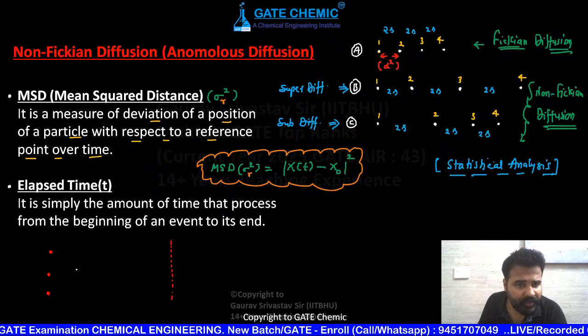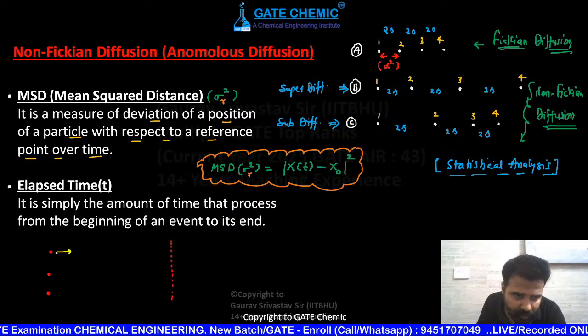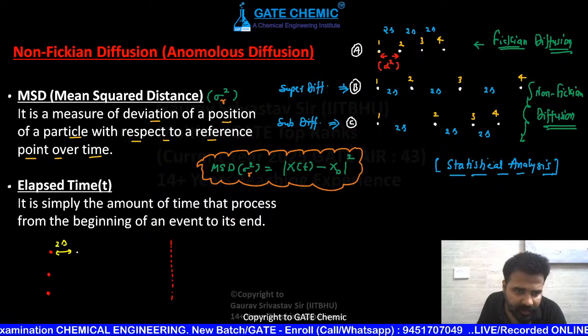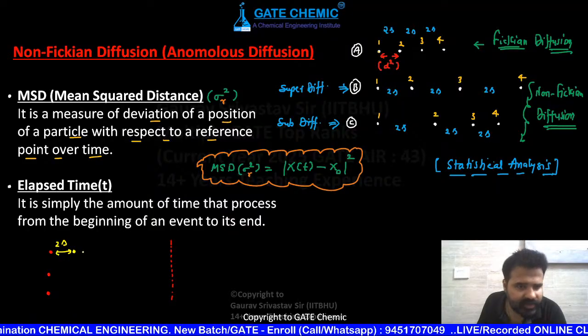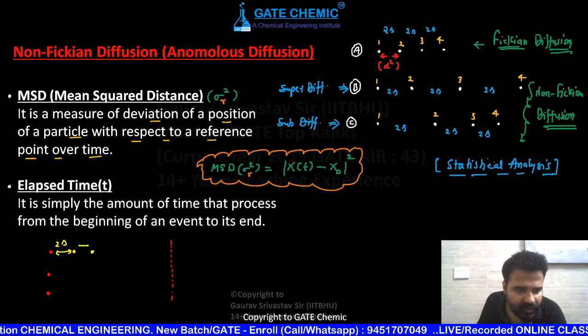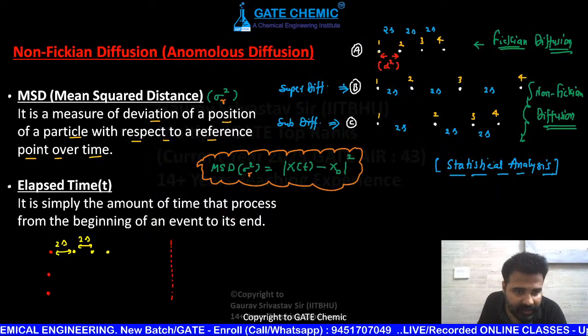One molecule is moving in such a manner that in 1 second or in 2 seconds it covers this distance. In the next 2 seconds again it covers the same distance. In the next 2 seconds again it covers the same distance.